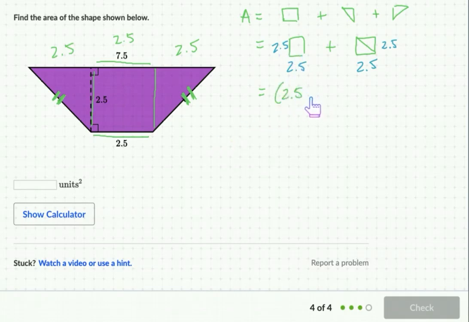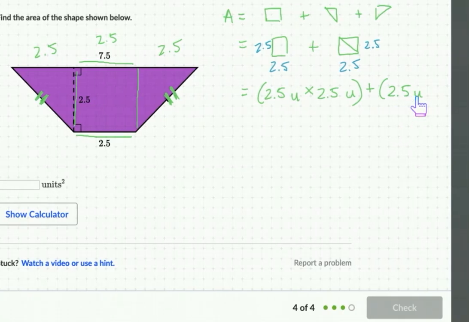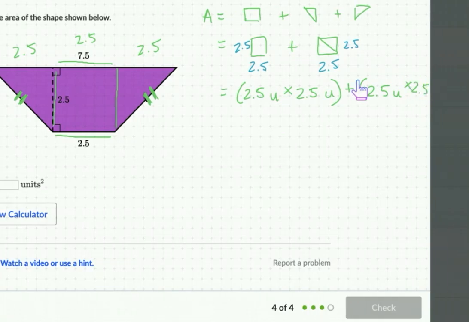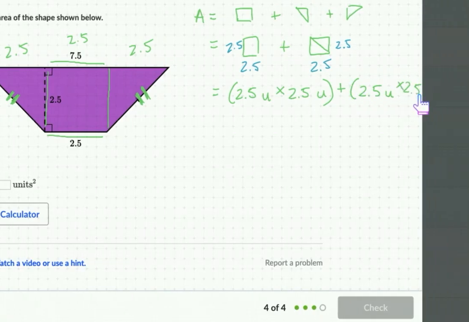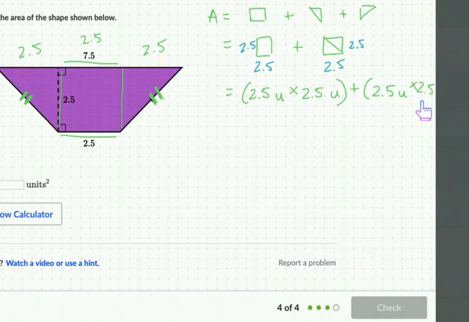So this is 2.5. We don't have any units, so we're just going to say U for units, times another 2.5. And then we are basically doing the same thing for the other one. So I could just write that over again, with my lack of space. Okay.